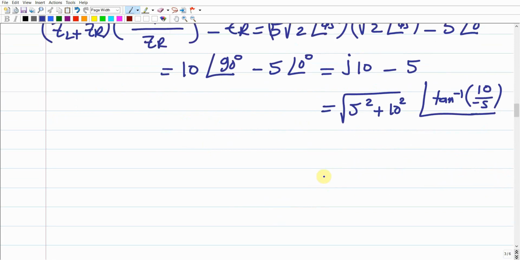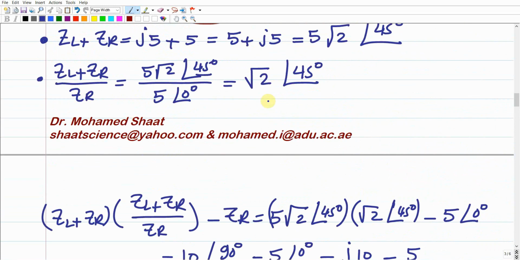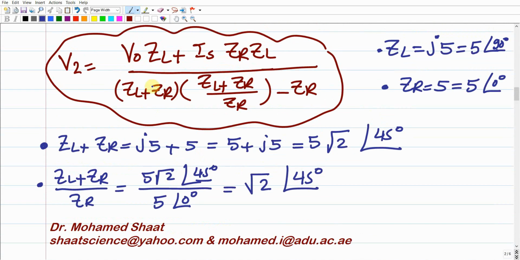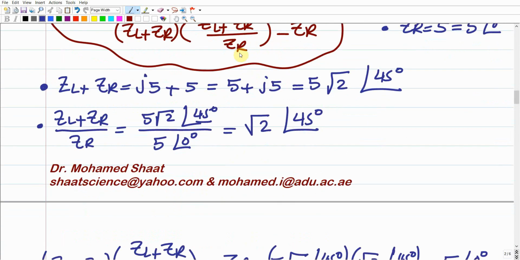So doing the calculations, we already got it here: 11.18, and the angle we got is negative 63.45 degrees. Make sense? So this should give us the denominator of this term. We got all of this denominator. Now we still need to do this operation, ZR times ZL.